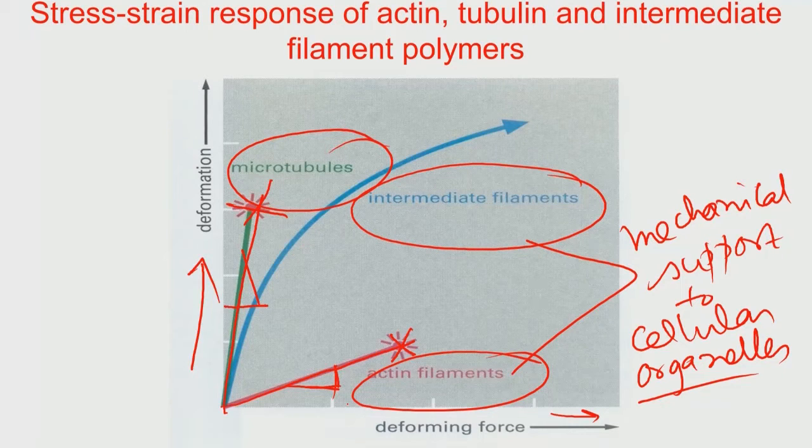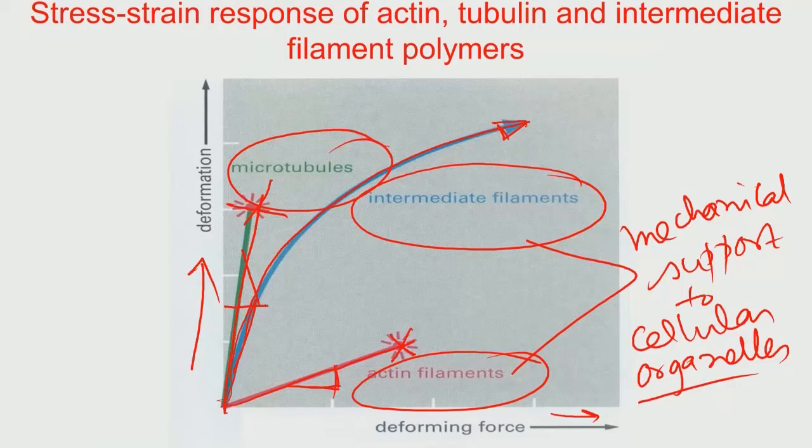The second point that must attract your attention is the way intermediate filaments behave during deformation under force, and you see that there is a very small linear region followed by a largely non-linear region leading to fracture.